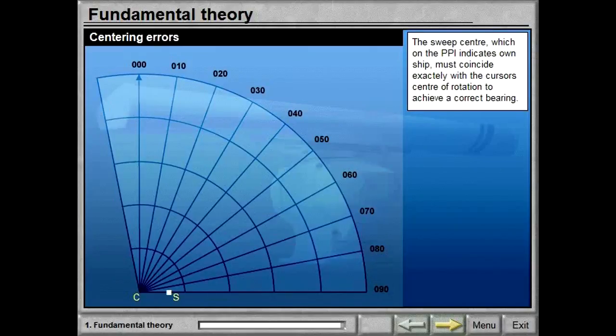In this illustration, we try to visualize the effect of the centering error. Naturally, these types of errors should be paid attention to and checked from time to time, because if unnoticed, it can be perilous.